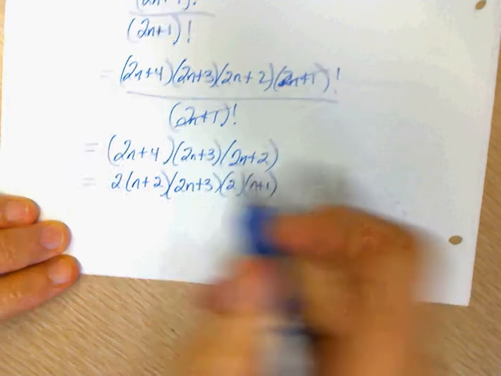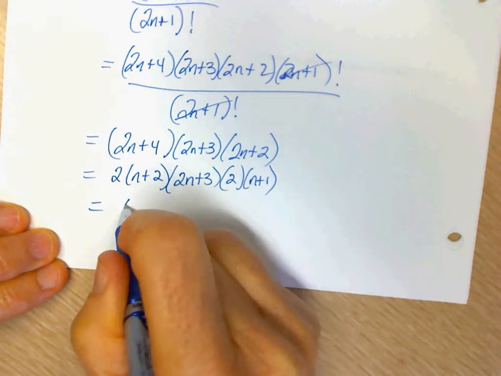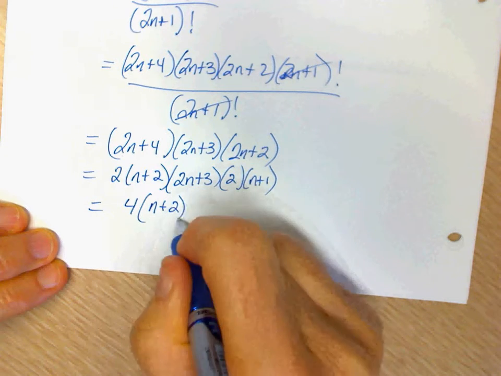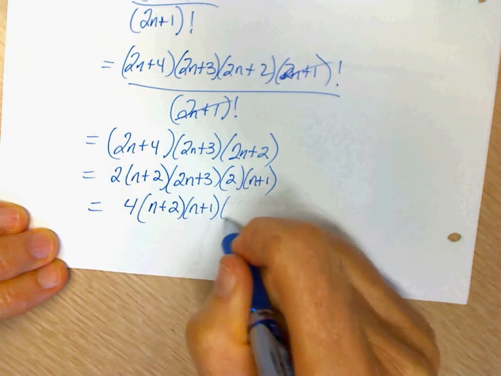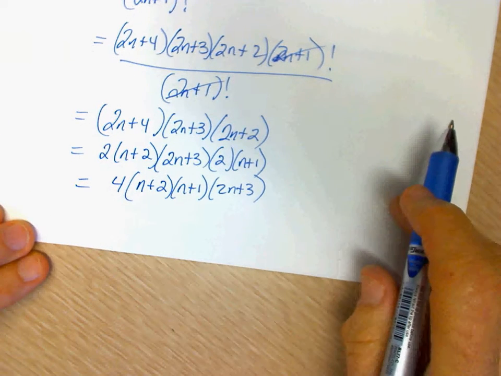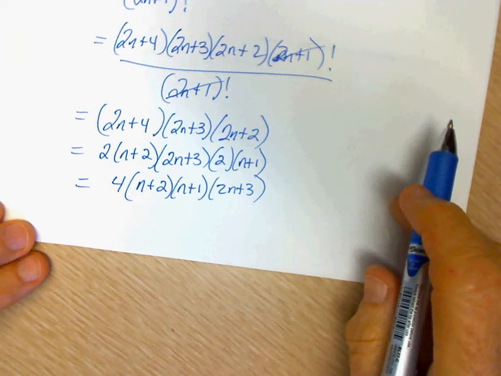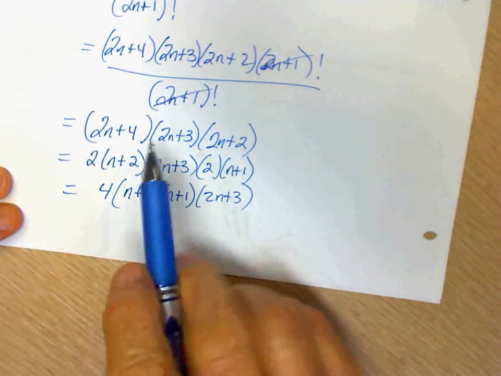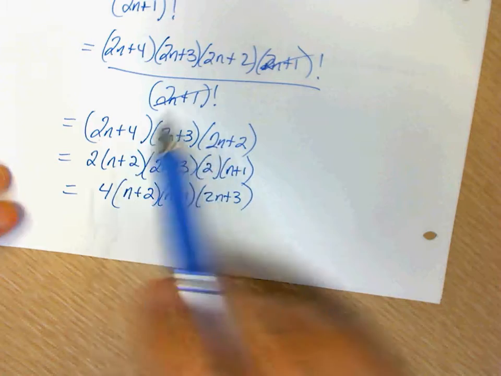So that's going to equal 4 times n plus 2, n plus 1, 2n plus 3. This will help us solve. Okay, that's the trick to this question, is just factor out what we have. Just factor all the way as far as you can go.